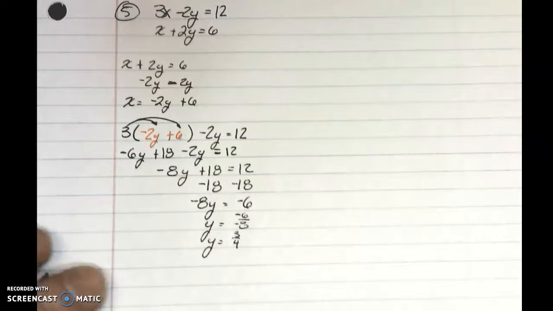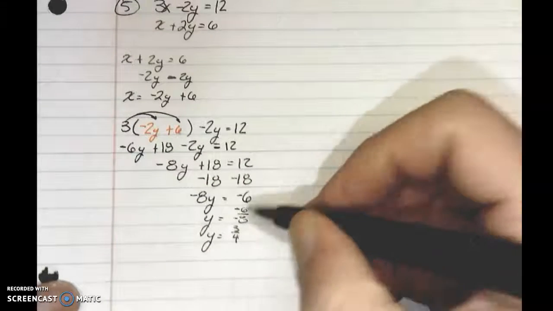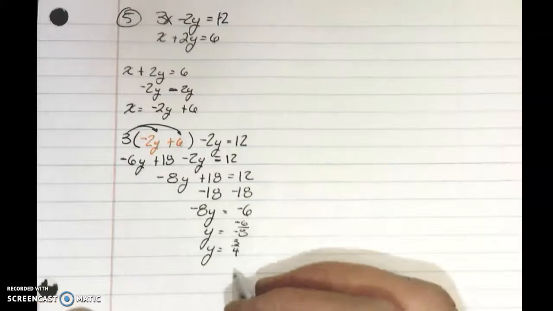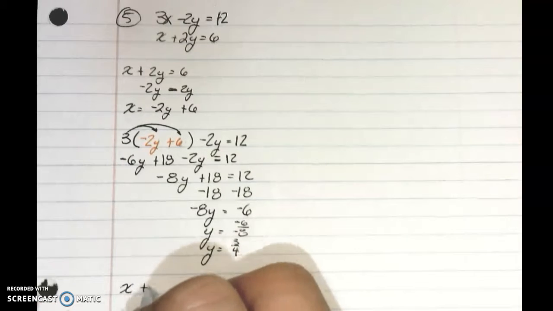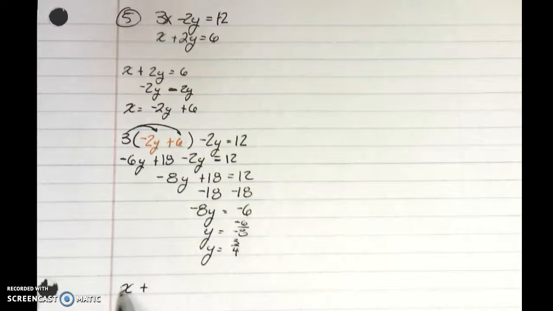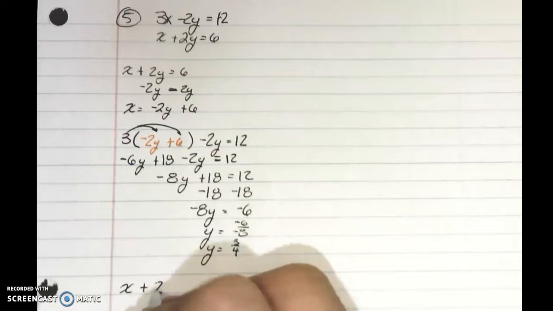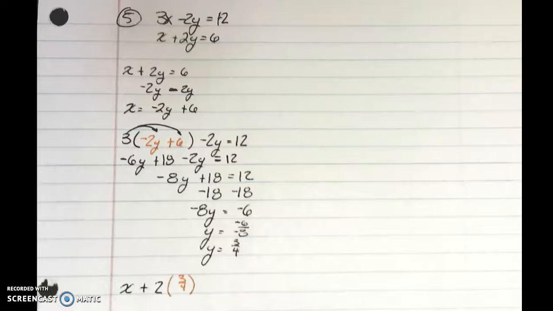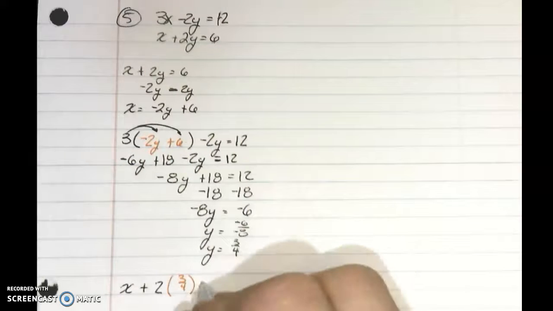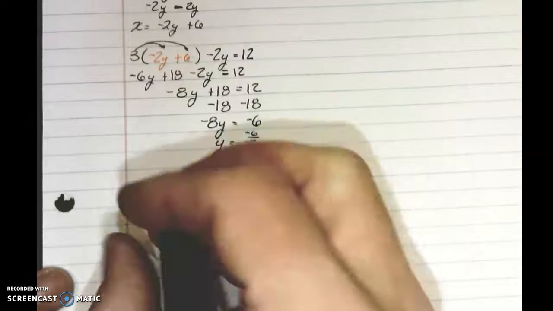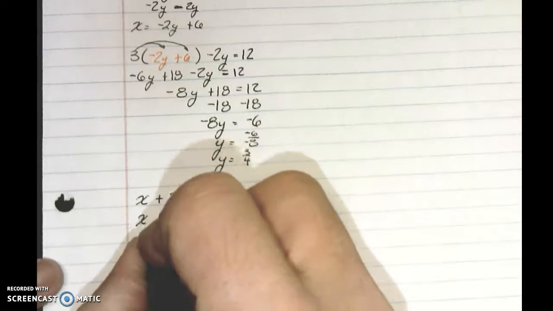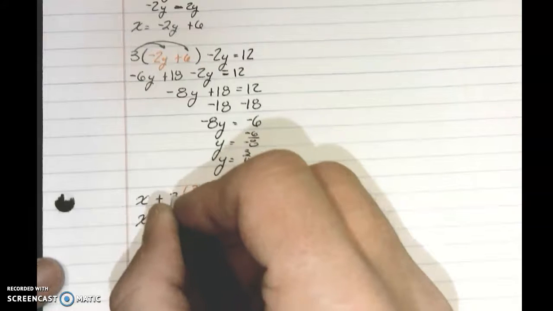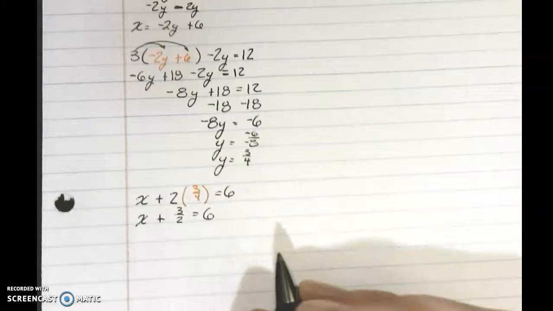And then, again, I can take this value, and I can put it into any of these two equations, okay? So if I just put it in this one, then I don't have to do any division at the end because x is already by itself. So I'm going to go x plus 2 times what y is equal to, 3/4, and then equals 6. All right. So x plus 3/2 is equal to 6 because 3/4 times 2 gives us 3/2.